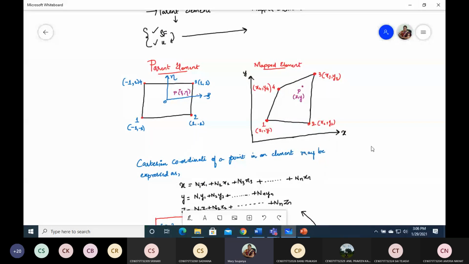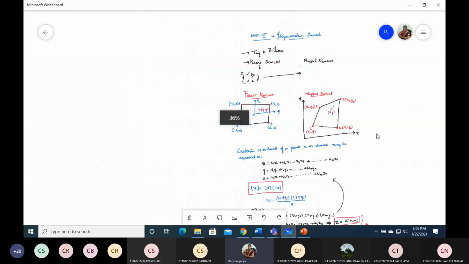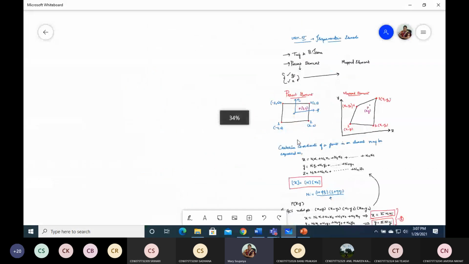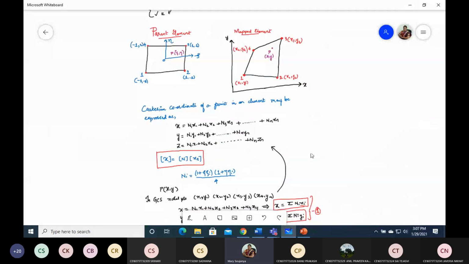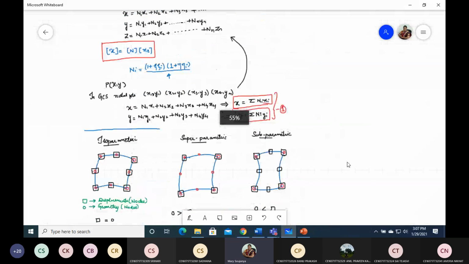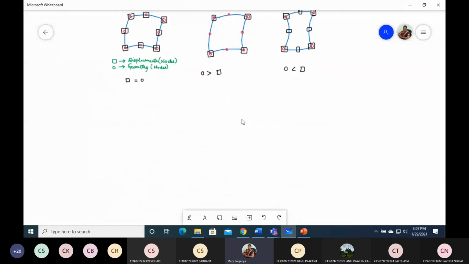From the parent element, we have 4 shape functions. Now we will try to assemble the stiffness matrix for this quadratic element. Assembling of stiffness matrix.